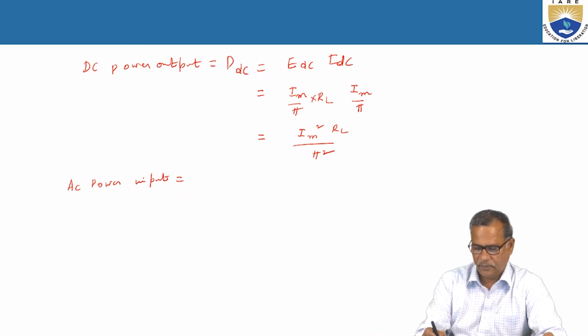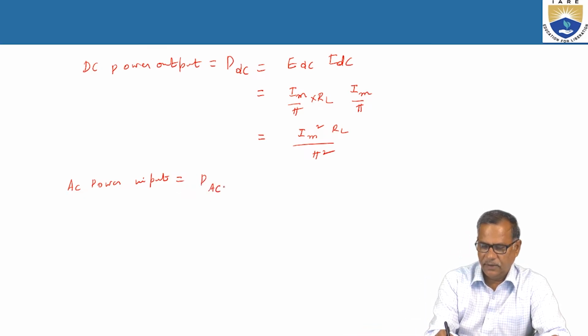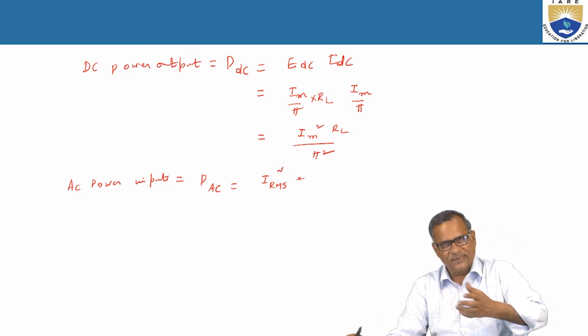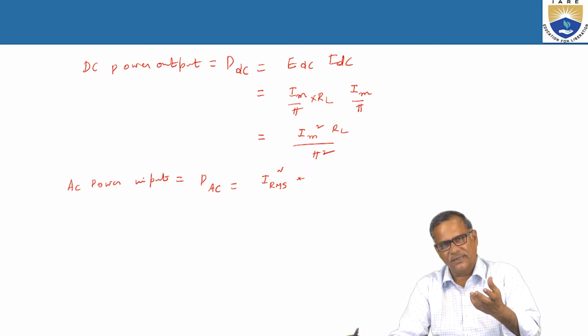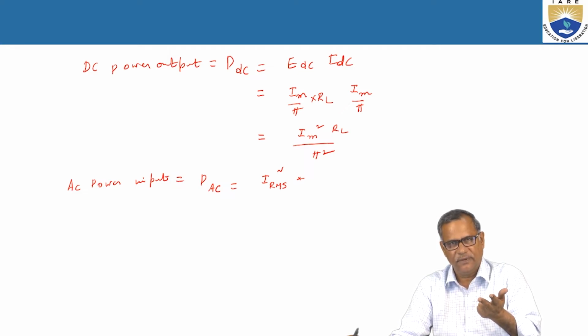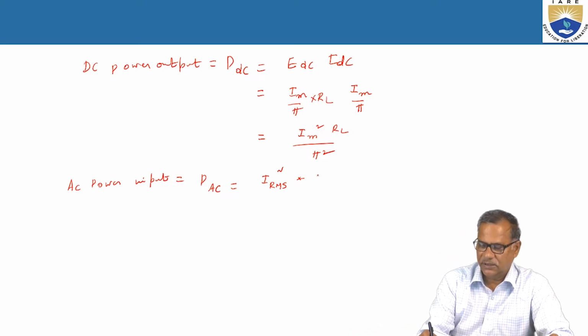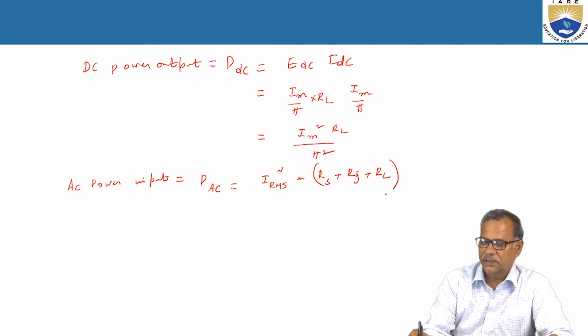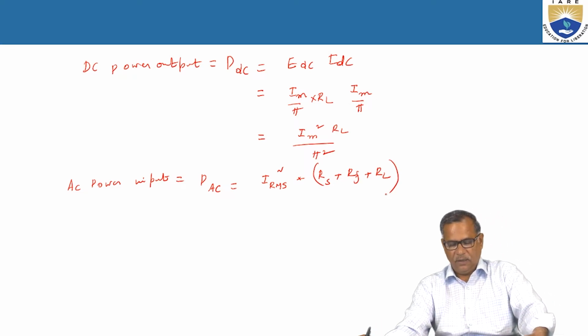PAC is equal to the RMS value of current, IRMS square, multiplied by the resistances involved in the circuit. What are those resistances? The transformer secondary resistance, which is RS, the diode forward resistance, which is RF, and the load resistance. So it is multiplied by RS plus RF plus RL. So this is PAC.